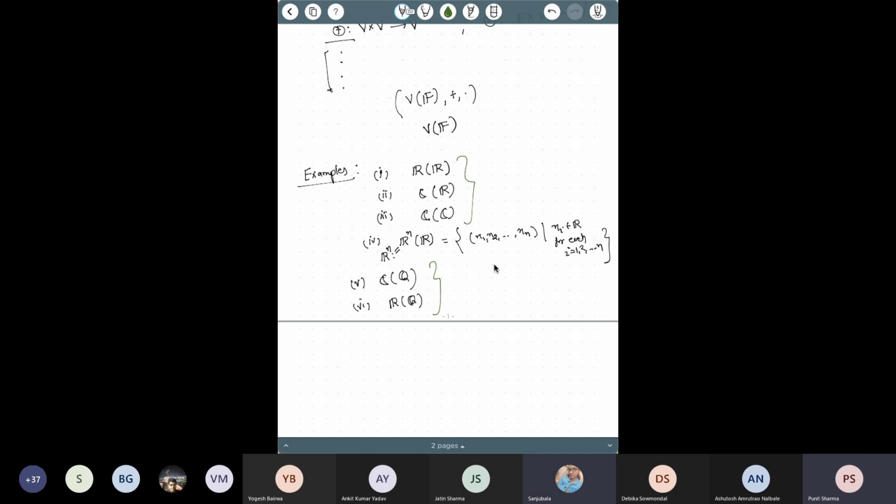Every field forms a vector space over its subfield. Yes, so every field forms a vector space over its subfield. That's true. Therefore, in general, you can say that any field is a vector space over its subfield. Fine. What else?